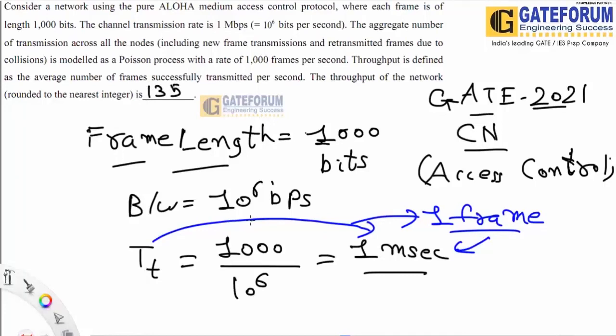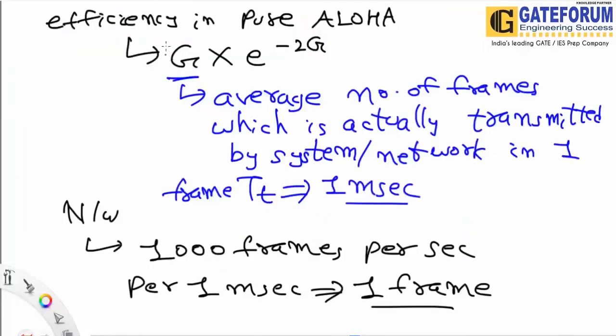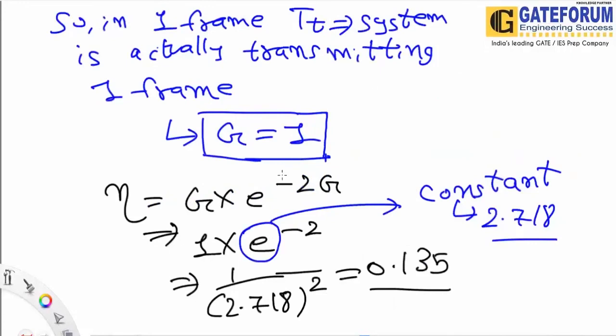This question is a little bit lengthy, but you need to understand the formula of G, how we calculated this G, and the formula of G with respect to pure ALOHA. It's the average number of frames transmitted over the system network in one frame time. In one frame time, in 1 millisecond, we are transmitting one frame, so the value of G is 1. Efficiency is 0.135.